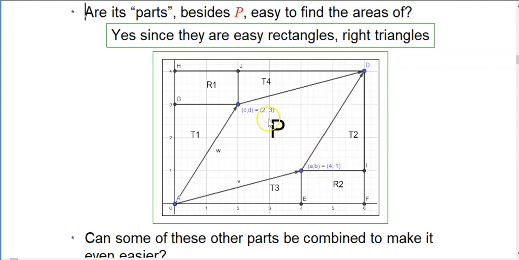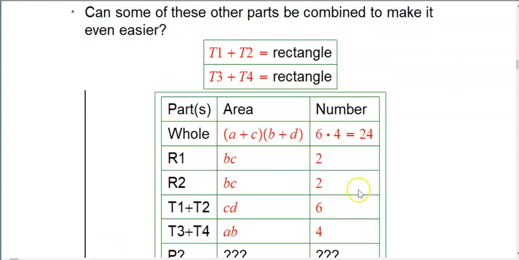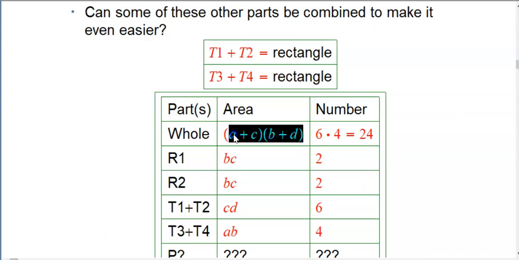And so in this example, it's going to be 6, 4. And so in general, the area is going to be the quantity A plus C times the quantity B plus D. In the specific case here, it's 24.